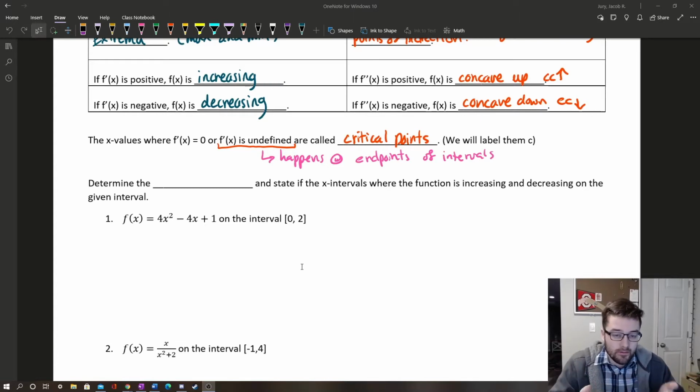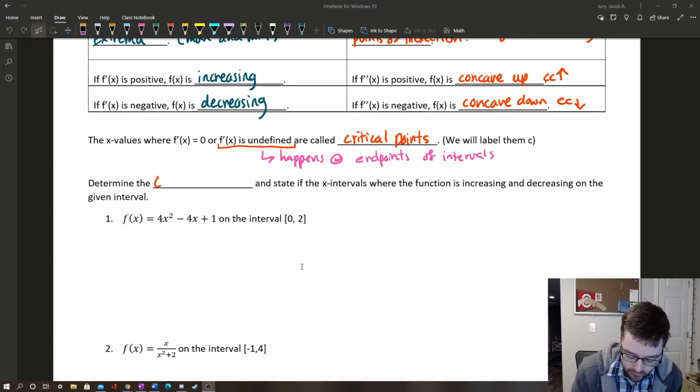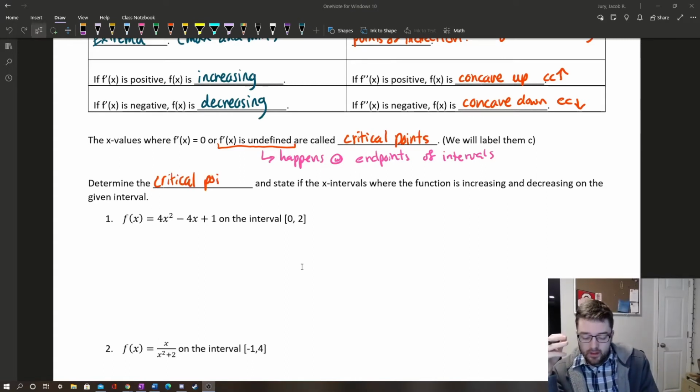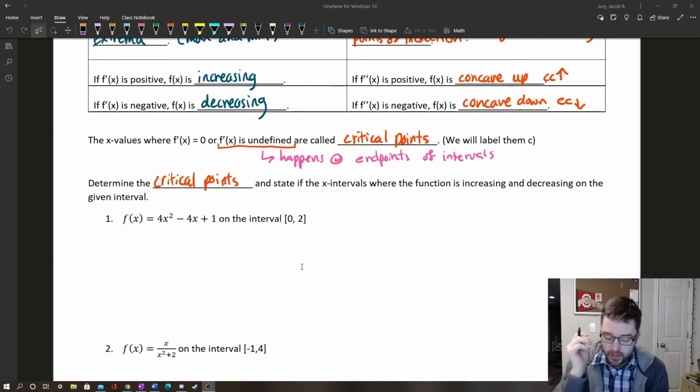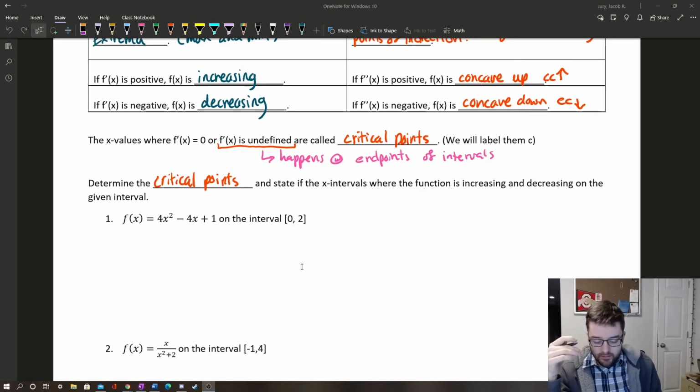So that's why we've got a derivative that's undefined, because we can't find a slope at an endpoint. So we are going to determine the critical points for all these things and state the x intervals where the function is increasing and decreasing on that given interval.